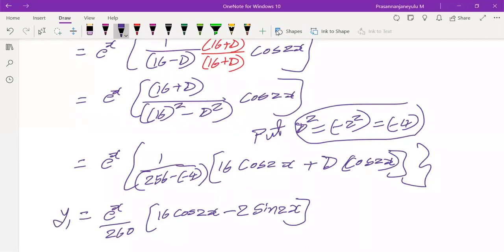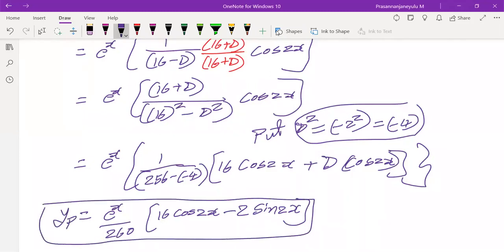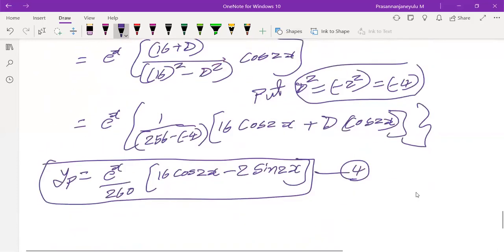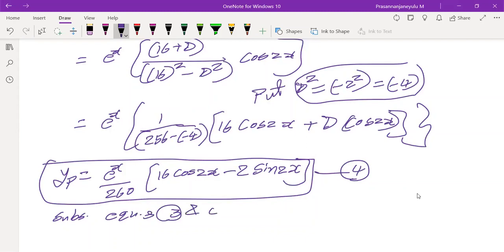After getting yp, as usual, we substitute equations 3 and 4 in equation 2.